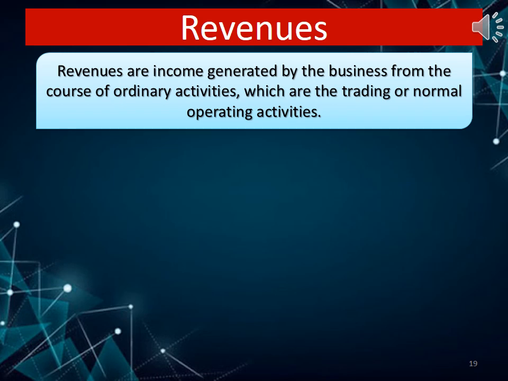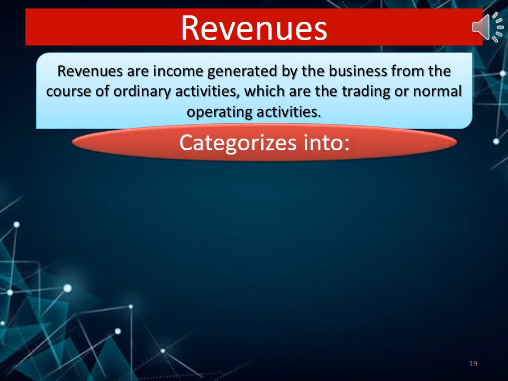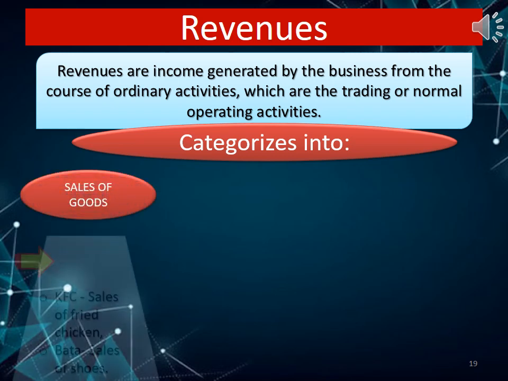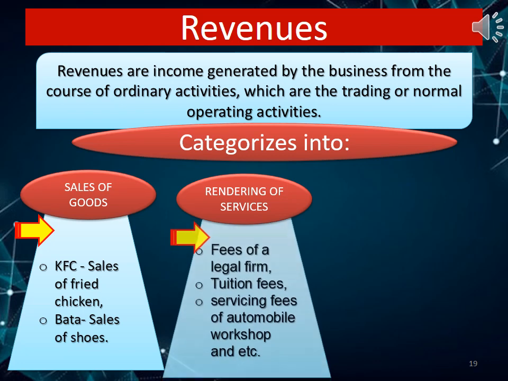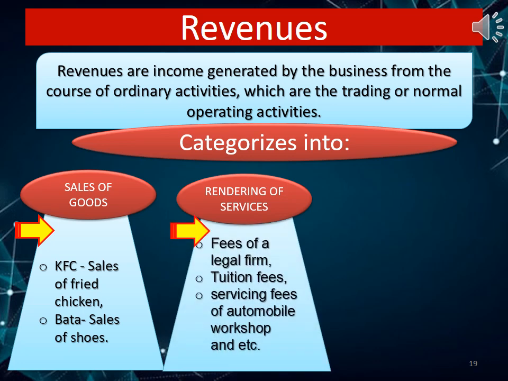Revenue generating activities are categorized into three main categories. First, from sale of goods. For example, income for KFC is from the sales of fried chicken, and income for Bata Company is from the sales of shoes. Second, revenue from rendering of services. For example, fees of a legal firm, tuition fees, servicing fees of an automobile workshop, and so on.